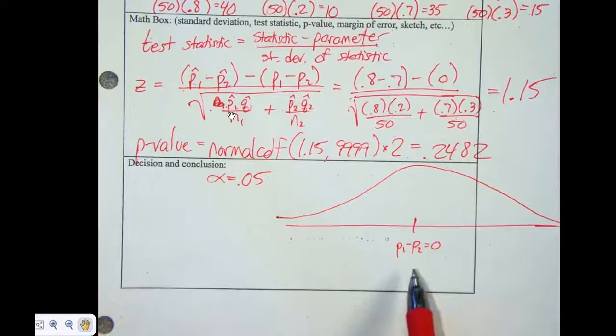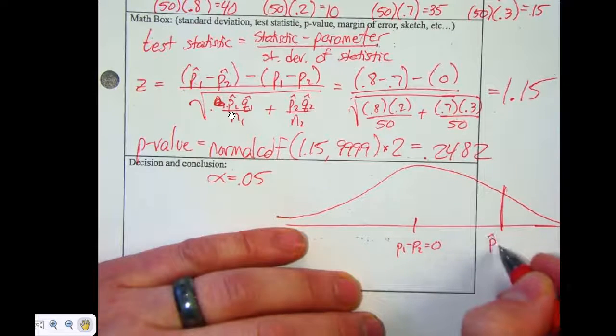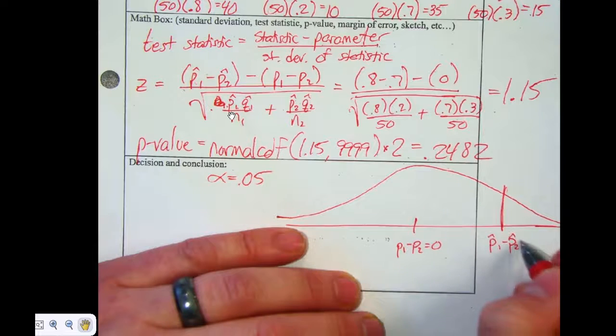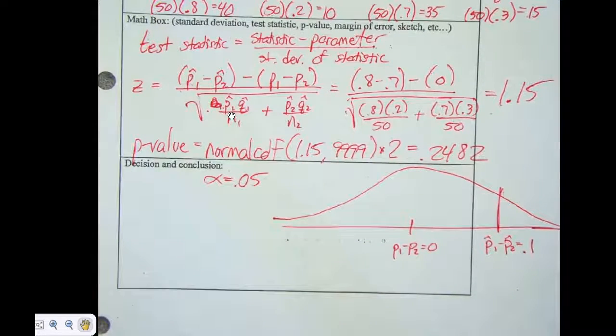That's like your H0. Over here, P1 hat minus P2 hat was equal to 0.1. Where am I getting that 0.1 from?